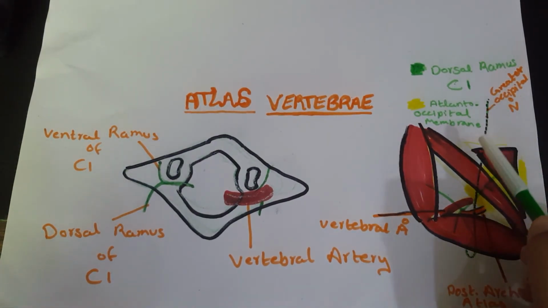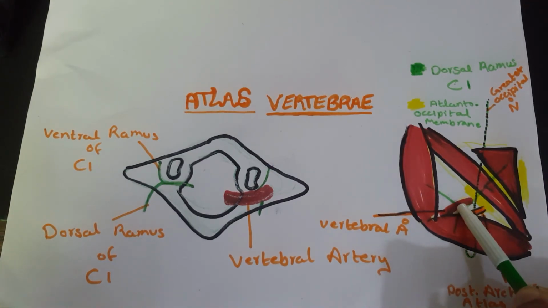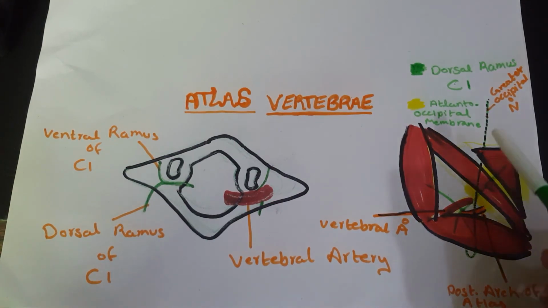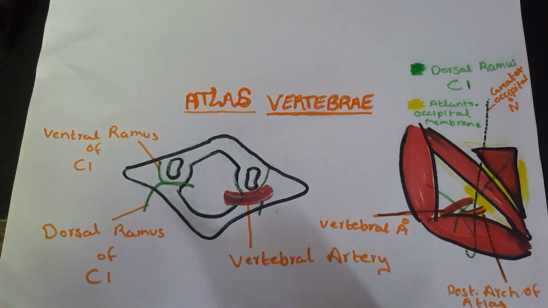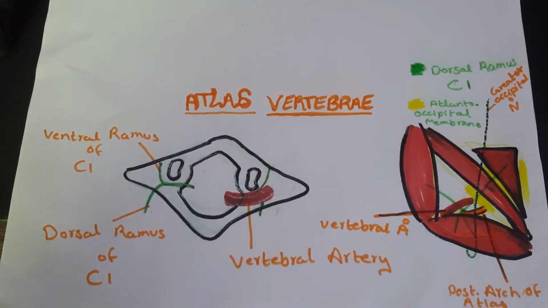With a black dotted line, I have drawn the greater occipital nerve. So the dorsal ramus is also giving a communicating branch to the greater occipital nerve. So the dorsal ramus of C1 basically innervates the suboccipital muscles and splenius capitis muscle.